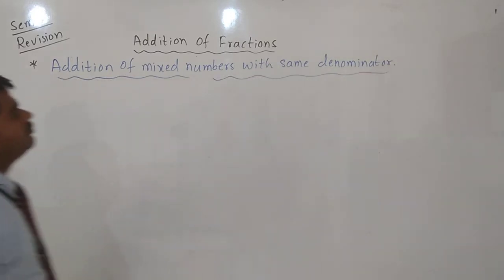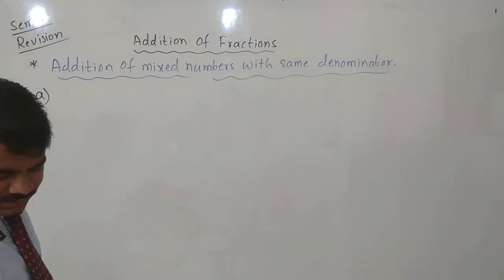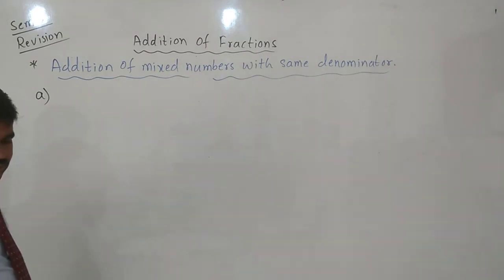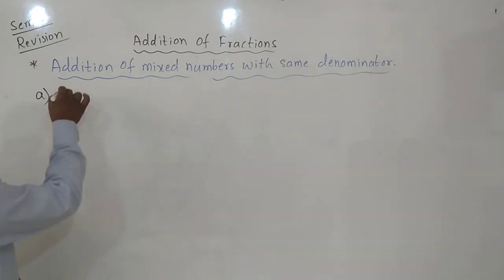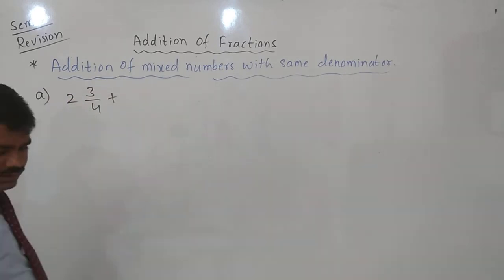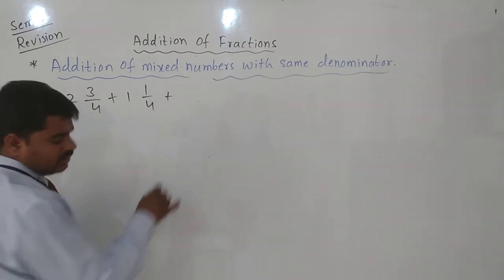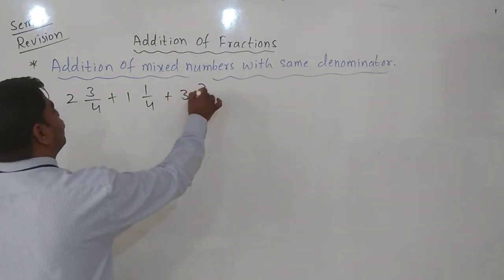For example, mixed numbers with the same denominator are 2 integer 3 by 4 plus 1 integer 1 by 4 plus 3 integer 3 by 4.